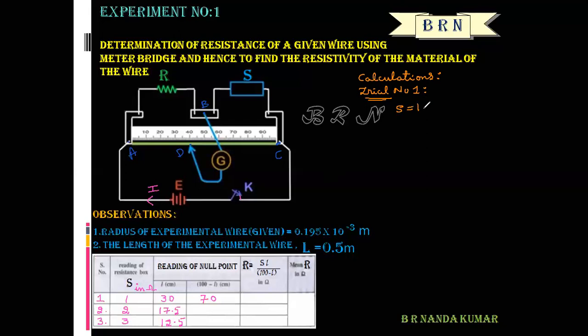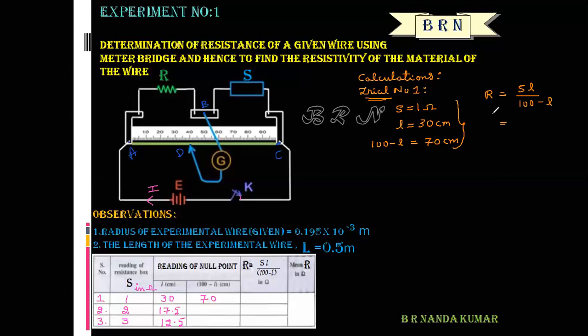S is equal to 1 ohm, and the balancing length L is equal to 30 centimeter. 100 minus L value, this is 70 centimeter. Okay, what is the formula? So unknown resistance can be calculated by using the formula R is equal to SL divided by 100 minus L.